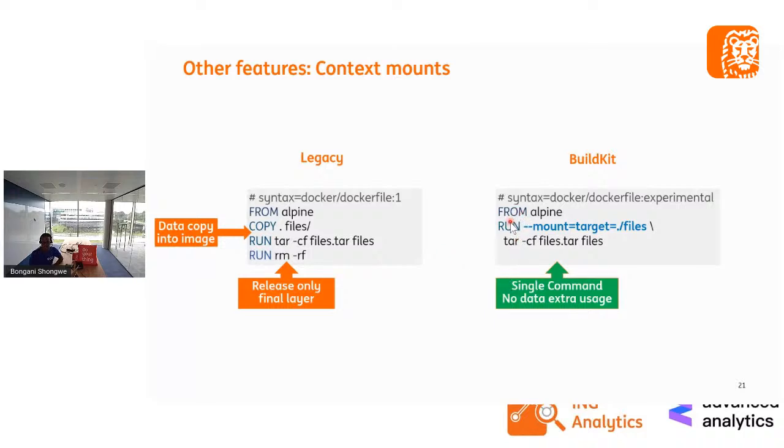So you introduce the syntax, and now you run the single command called a run mount, and you'll actually mount your physical hard drive or the physical machine, and you'd mount the files and you'd operate on those files within your Docker image. And so you don't have to copy anything over. You don't have to make sure that you clean your Docker build as well.